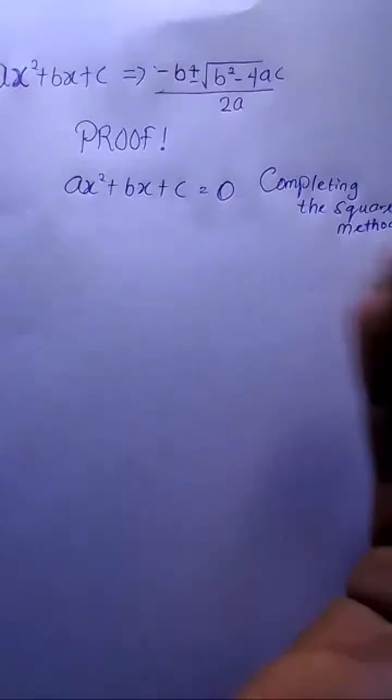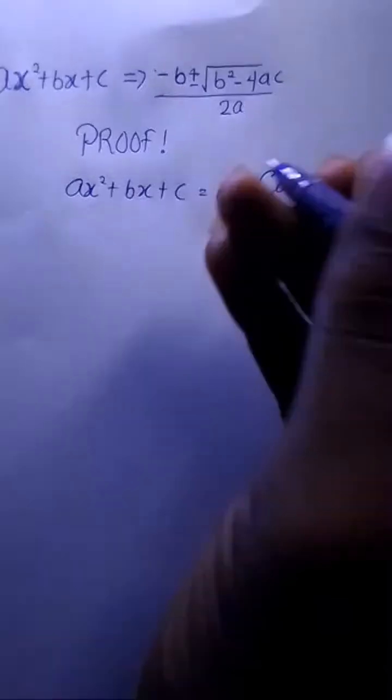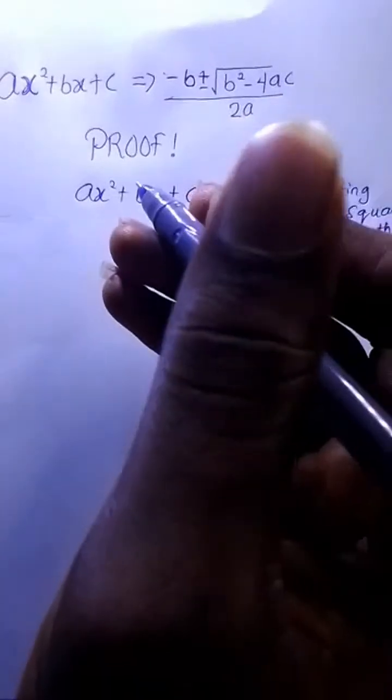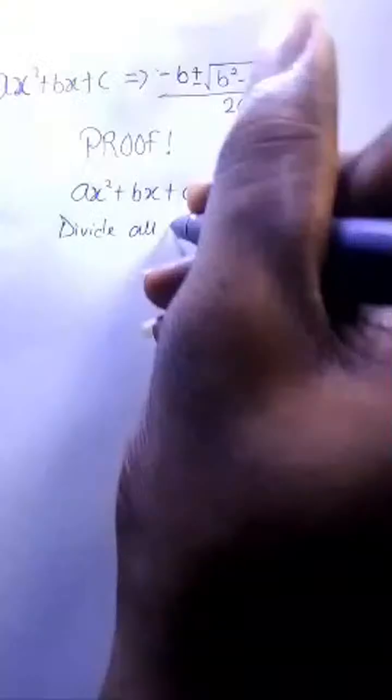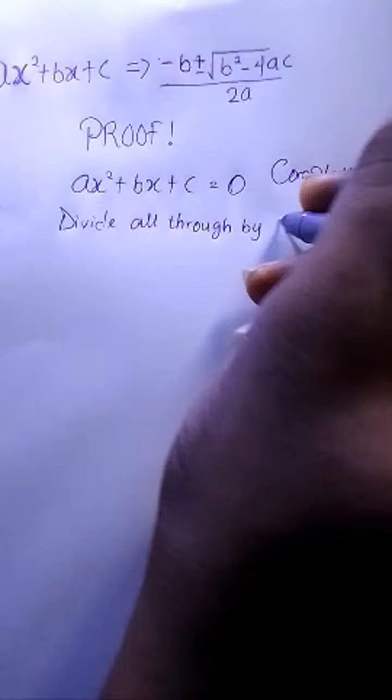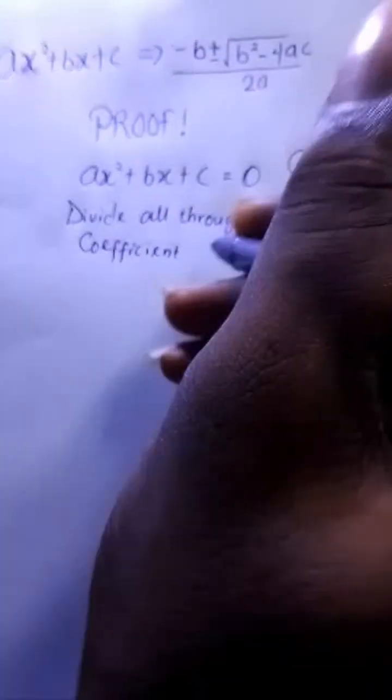The first thing to do is to divide all through by the coefficient of x squared.